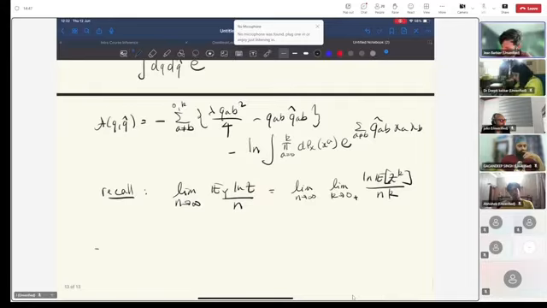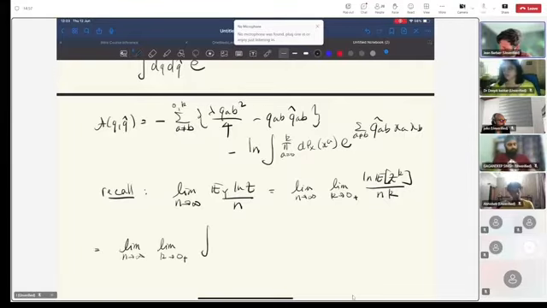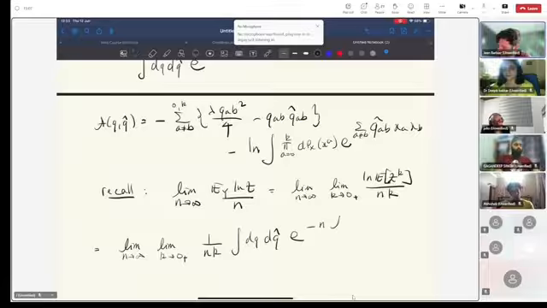So it gives us the limit when n goes to infinity, limit when k goes to 0 of 1 over nk integral with respect to q and q hat of exponential minus n, our function of q and q hat. Okay, this is the form we ended up with.